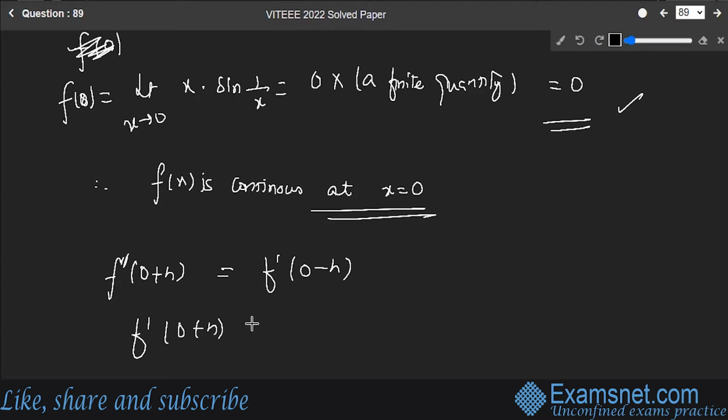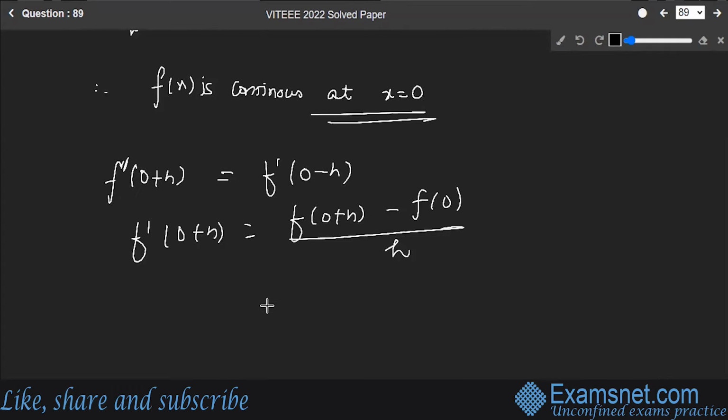So f'(0) is given by the limit as h approaches 0 of [f(0 plus h) minus f(0)] upon h, which is the limit as h approaches 0 of [h sine 1 upon h minus 0] upon h.